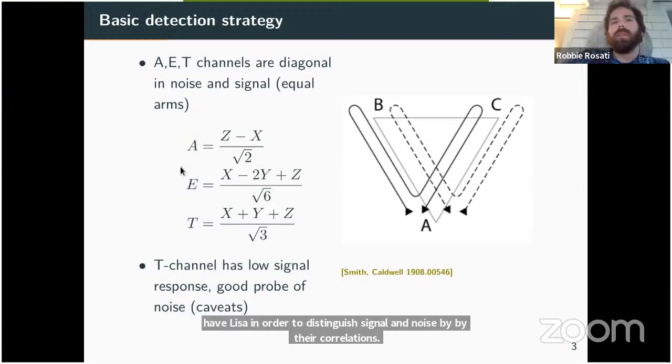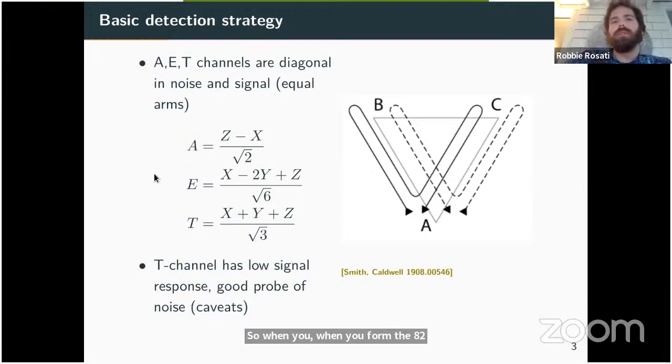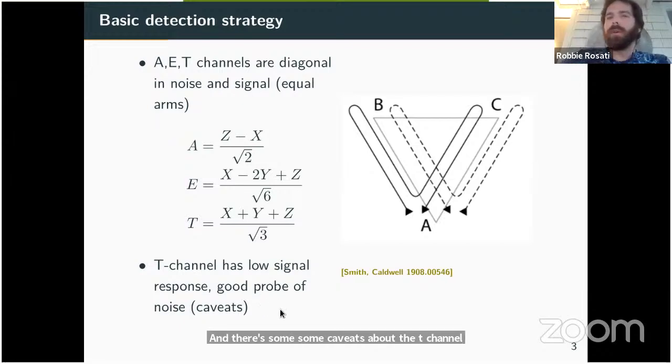So when you form the AET TDI combinations, this T channel at least, at low frequency, lets you probe the instrument without signal, which you really need to do in order to distinguish them. And there's some caveats about the T channel. I think there's a talk about that tomorrow, which I look forward to checking out.